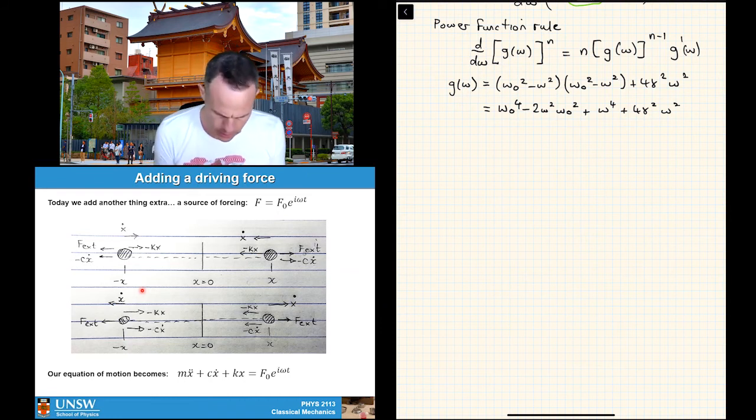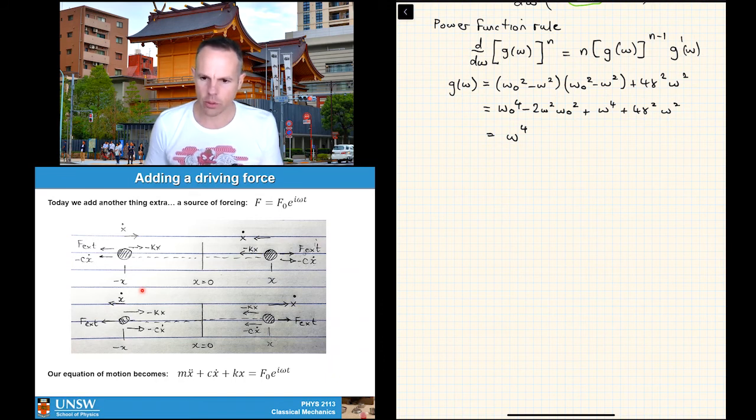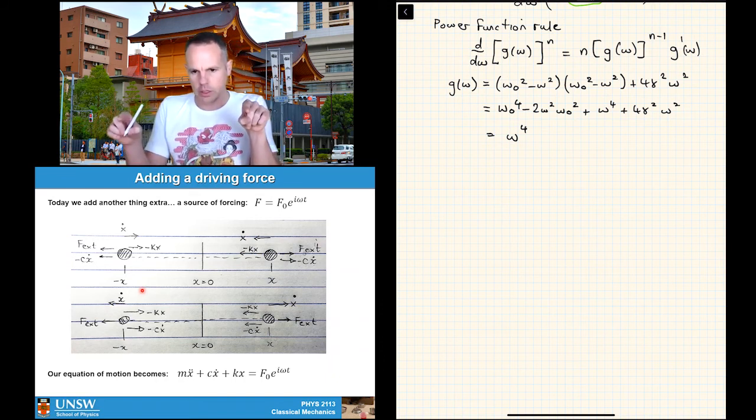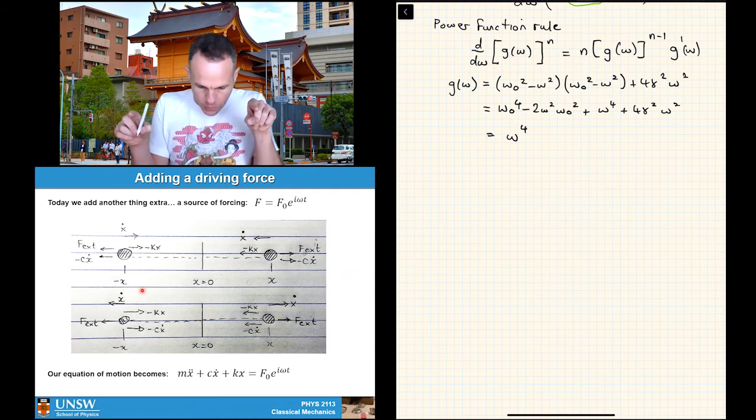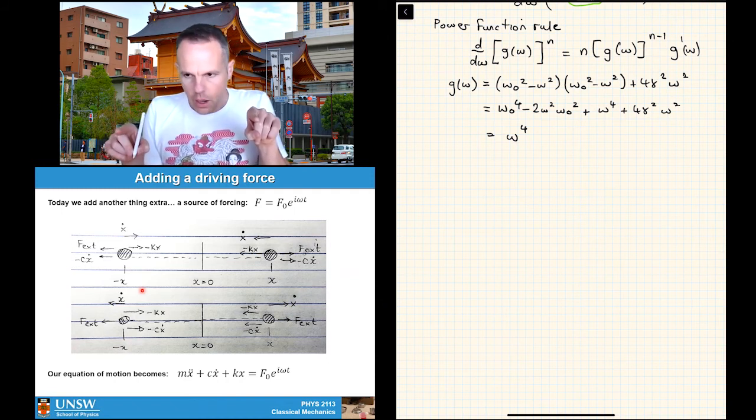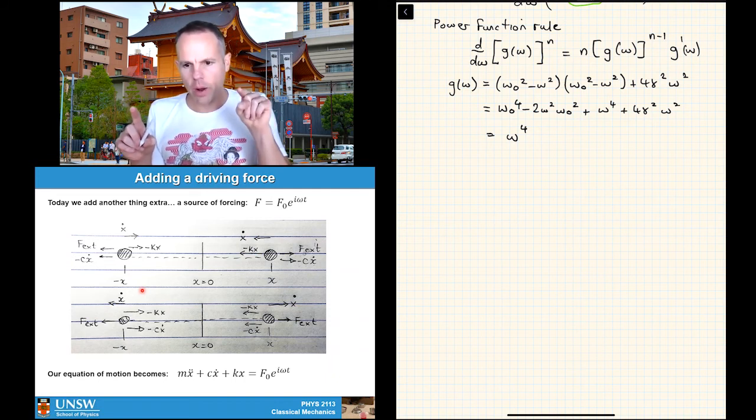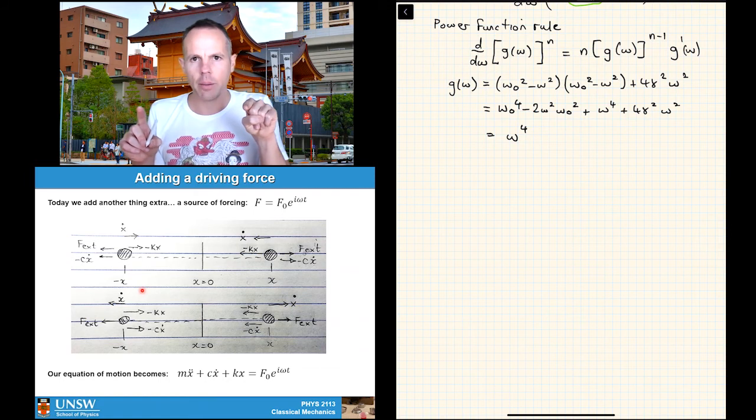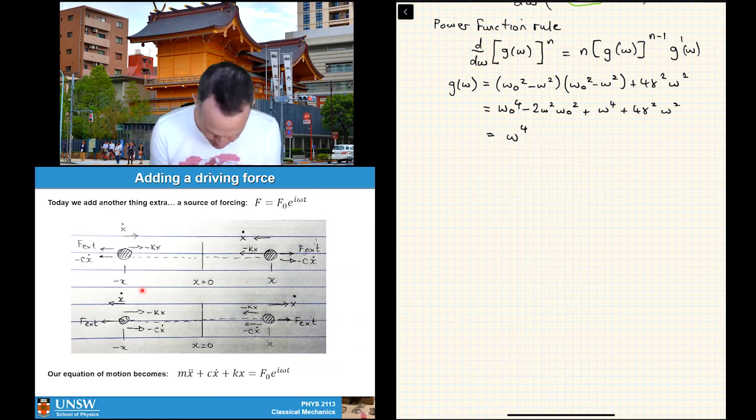So we can write this like this. We know that omega naught is at the moment a constant because it's k over m, or square root of k over m. Omega is a variable, so now we're writing essentially a quartic equation, right?